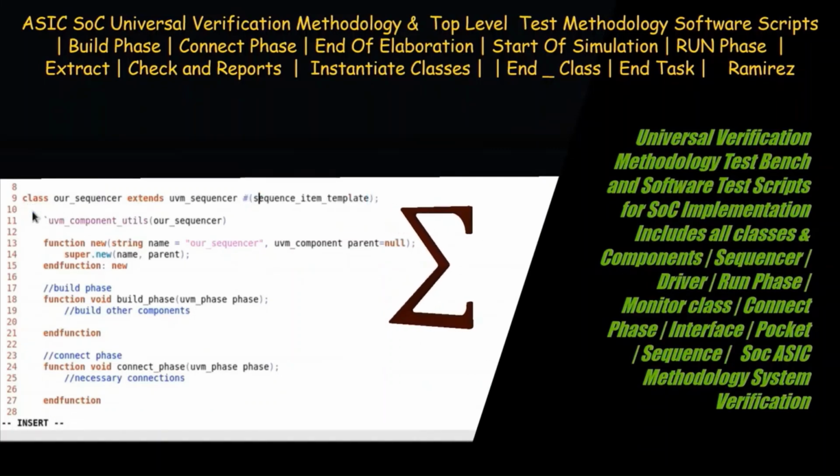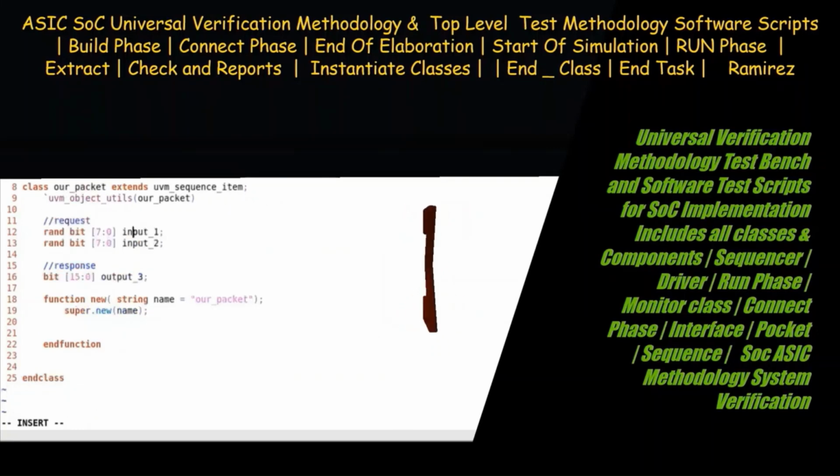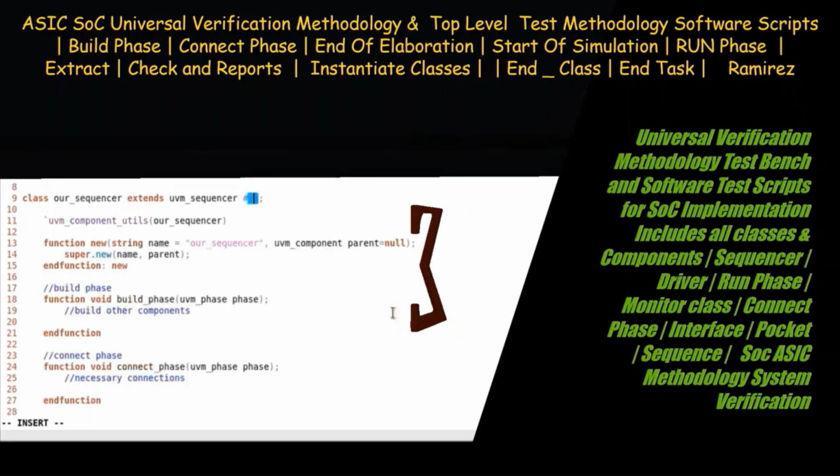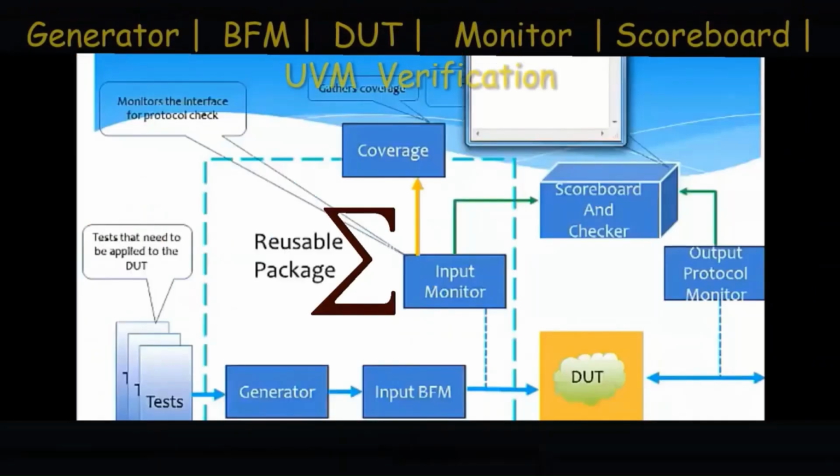The build phase and physical connection of all components are done through the test generator, and sending the packets to the BFM is the most time-consuming part of the verification process.